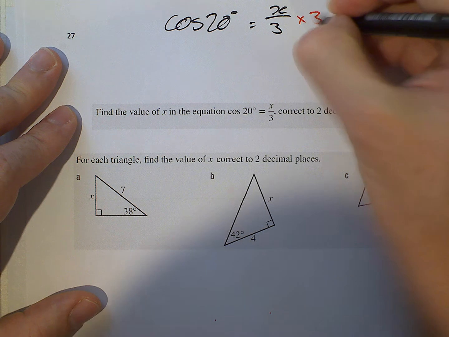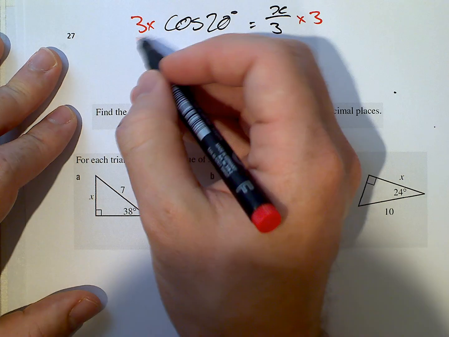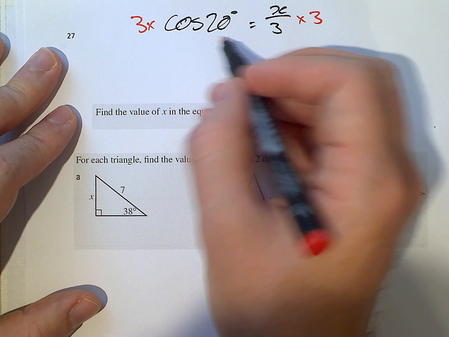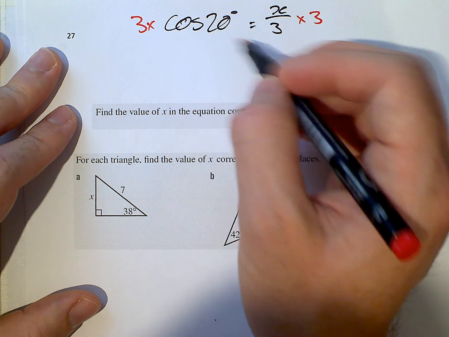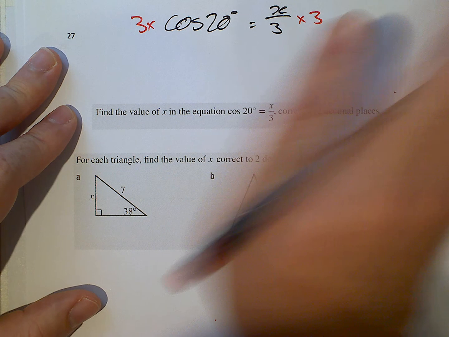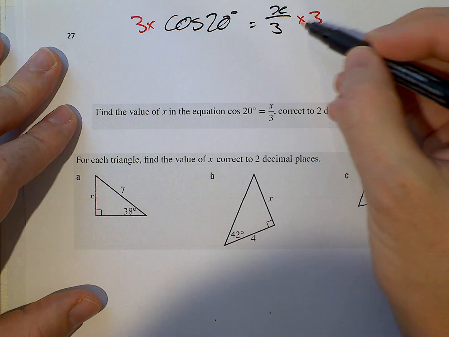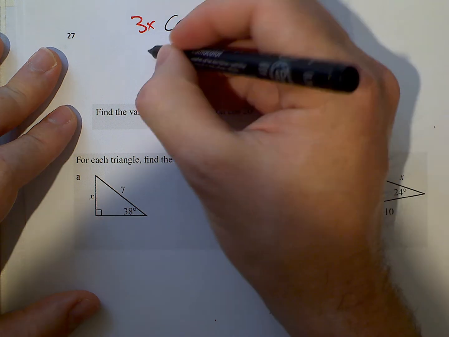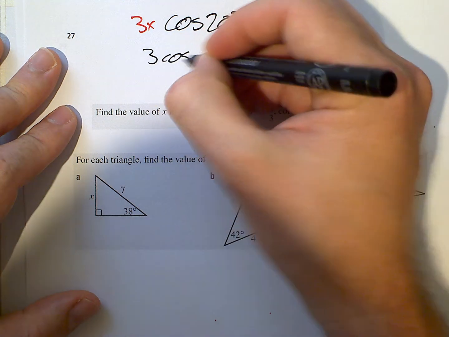Now, it can be a little bit scary because you're only just introduced to these trig ratios, especially cos, and with degrees. So people get a little bit scared when they see this, but don't worry, just go back to your training with equations. So what this is going to be is 3 cos 20 degrees.